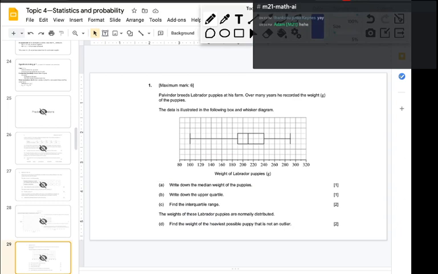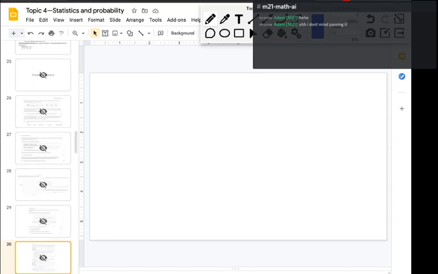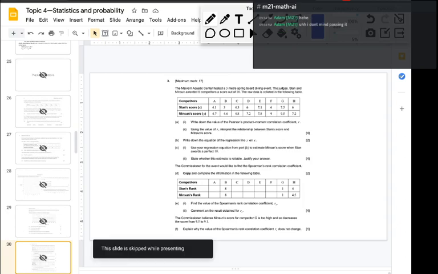The median is just the middle value. Oh, okay. This question is too easy. Except for the outlier. I feel like the outlier is the one that's tripping people up.